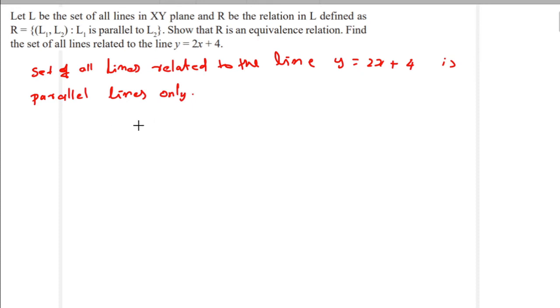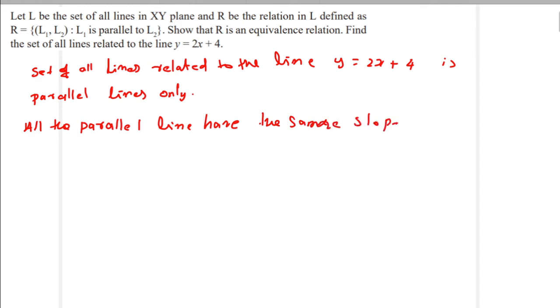Then the properties of parallel lines: all parallel lines have the same slopes and different constants. This is a very important property of parallel lines, different constants.